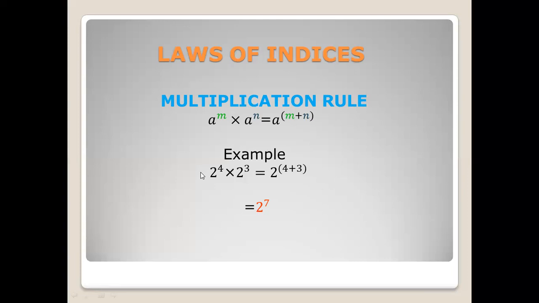We get 2 to the power of 7. Very good. So ideally, as Sadi has said, if we have the same base and the powers are different, we retain the base, and in this case the base is A, and we simply add the powers. And we have an example there as illustrated. So 2 raised to power of 4 times 2 raised to power 3, you'll realize that 2 and 2 are the same base, then you simply add the powers. Then you get 2 raised to power 7.